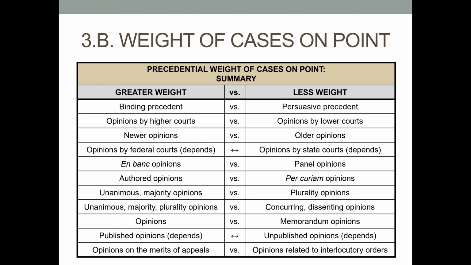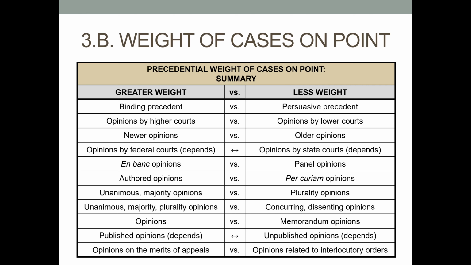Okay, so this chart here is purely for your convenience to summarize these various points of comparison when deciding the relative weight of your cases on point, when you're trying to decide which of these cases on point your client's court or potential court most likely will give the greatest weight to, such as binding precedent versus persuasive, opinions by higher courts versus opinions by lower courts, and so forth.